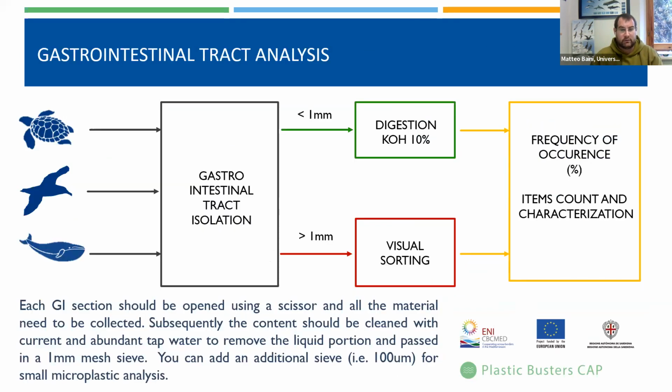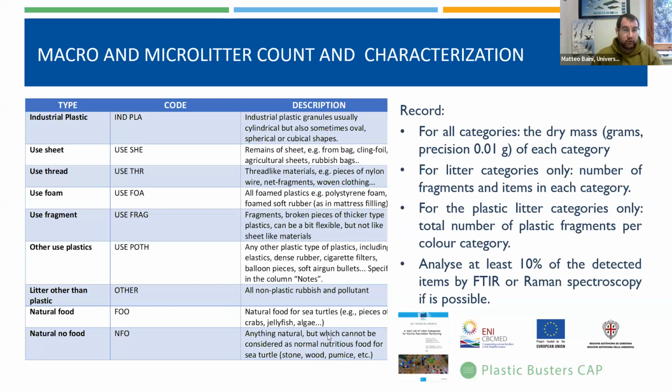Then, using a microscope or the naked eye, you have to count, weigh, and sort the different litter items. It's essential in this phase also to collect the natural food and natural non-food remains in order to properly evaluate the percentage of food or natural items in relation to the anthropogenic material. For the litter categories, we need the number of each item for each category.